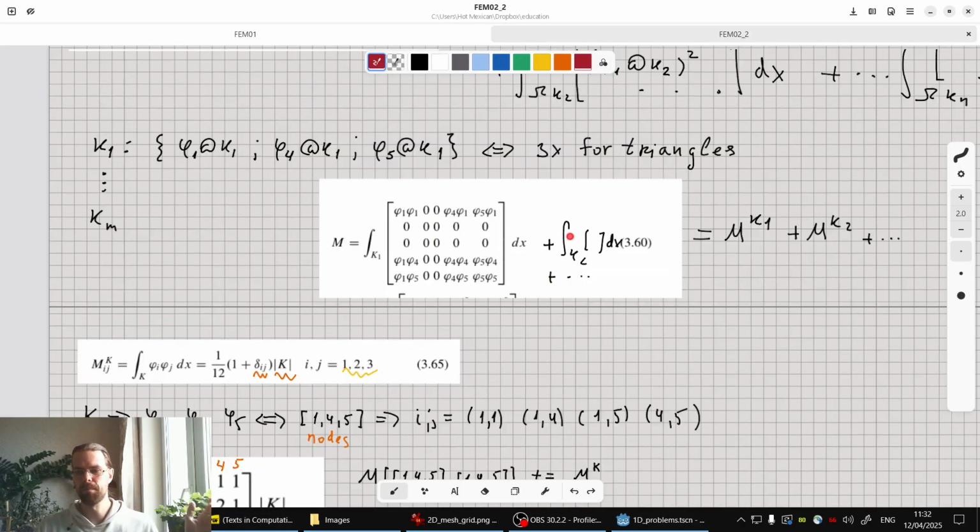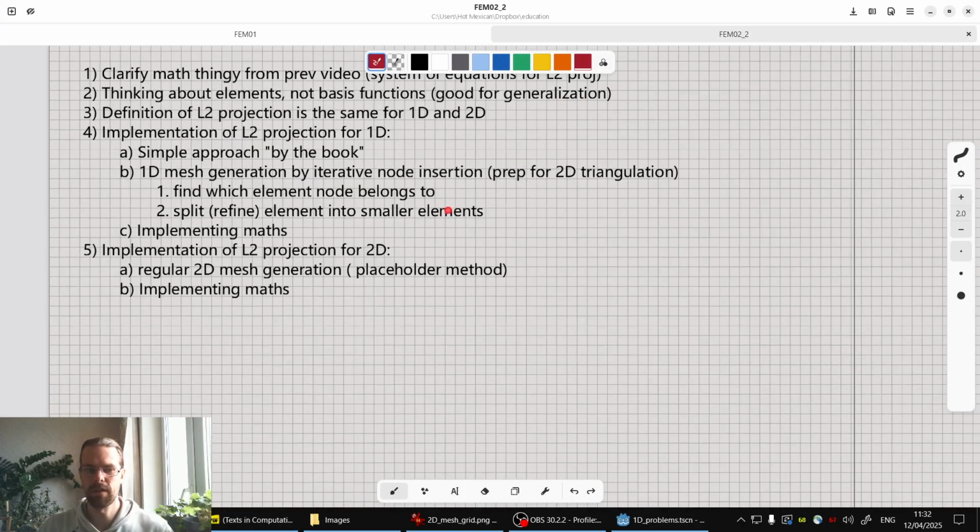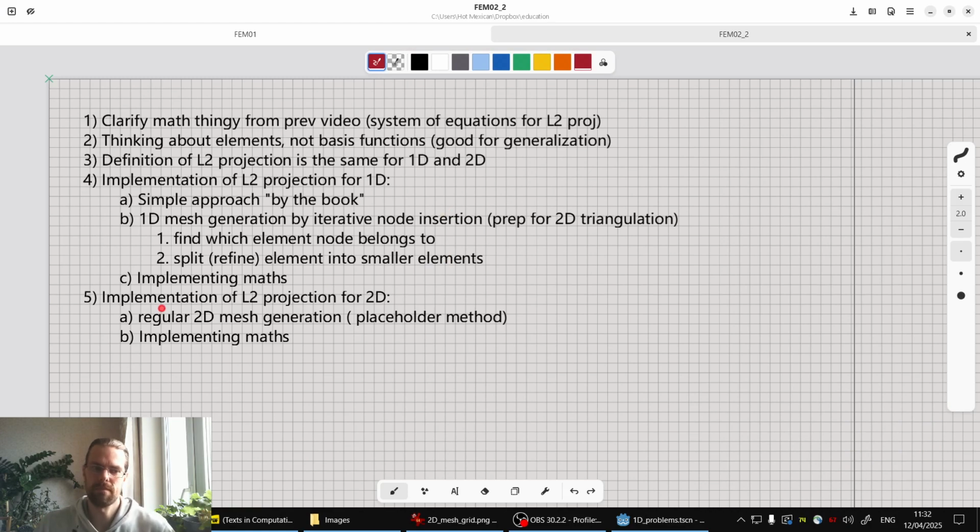So let's see. Did I cover everything I wanted? Okay, this last point was really trivial because we have prepared everything in one dimension where it's much easier to understand, but essentially it does exactly the same.